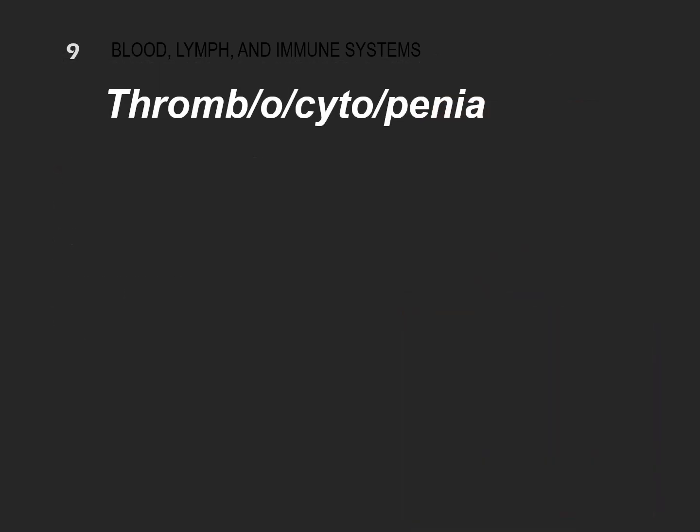Thrombocytopenia. So before I show you the meanings of each word part, let's remember our suffixes. Penia means decrease, cyto is cell, thrombo is clot. But instead of saying clot cell decrease, remember we always start with the suffix: a decrease in the cells for clotting.